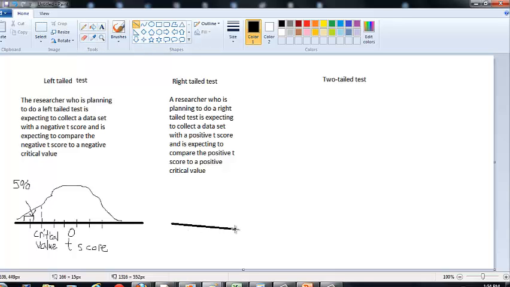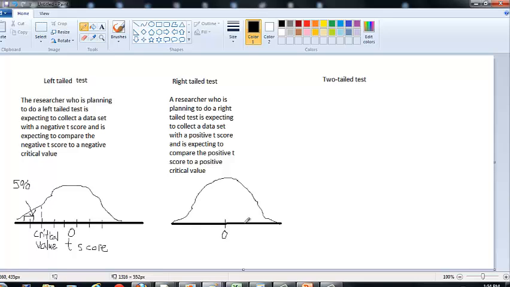Which means a person who's doing a right-tailed test is expecting to get a t-score somewhere at the positive end.